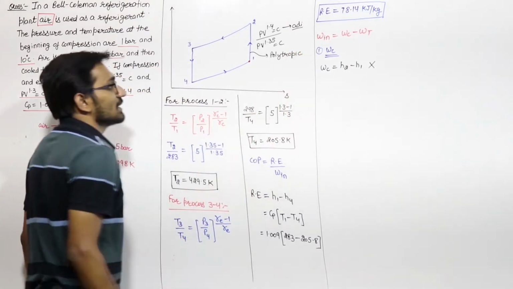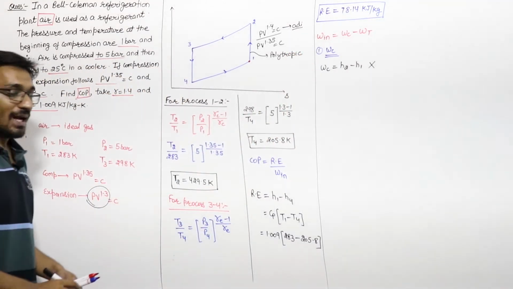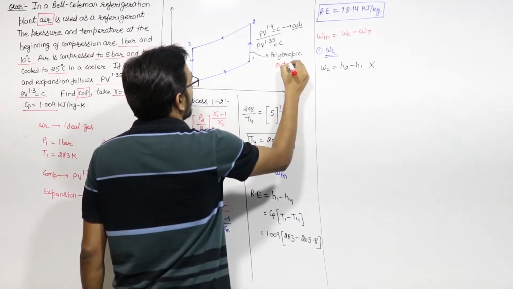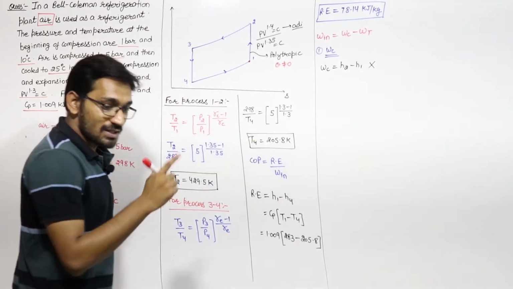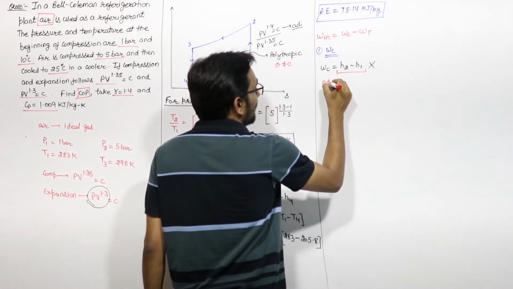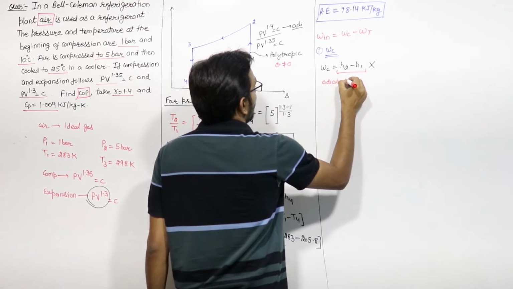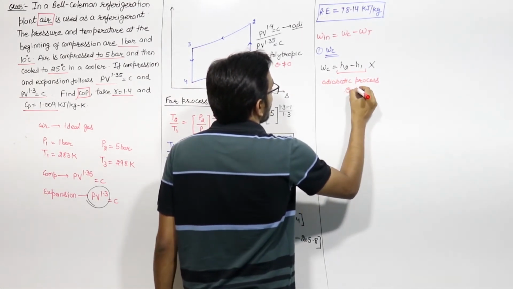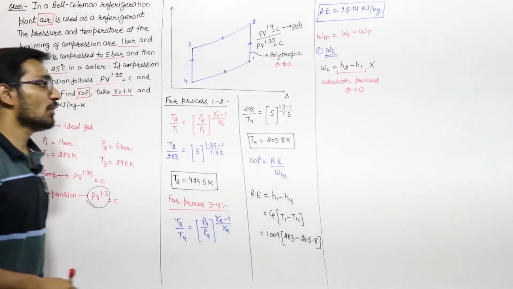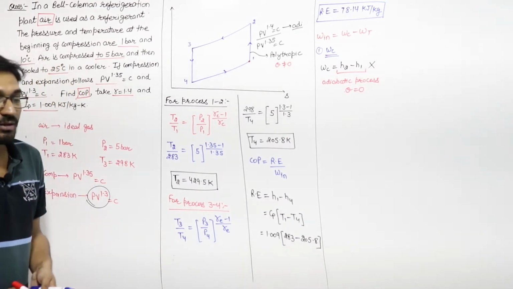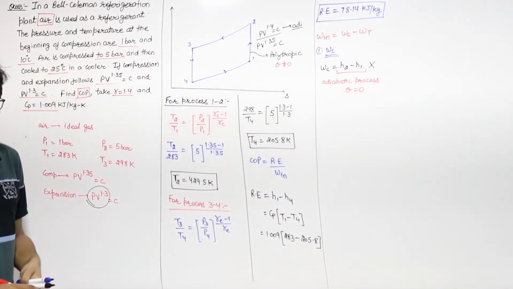In a polytropic process, your heat transfer is not equal to 0. This equation, H2 minus H1, you are writing for an adiabatic process in which you take heat transfer as 0, and from the steady flow energy equation, work required by the compressor will come out to be H2 minus H1.